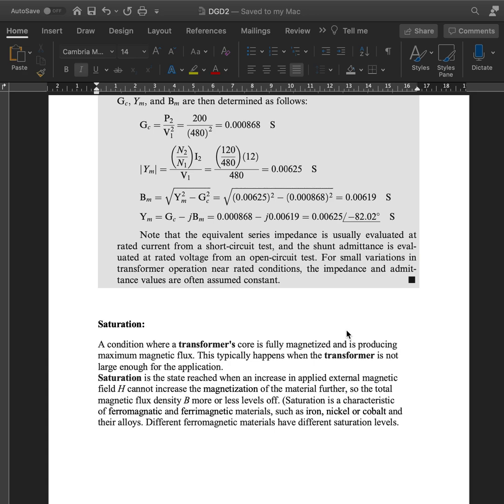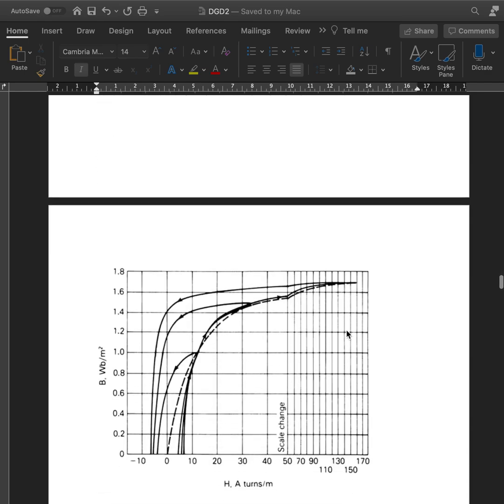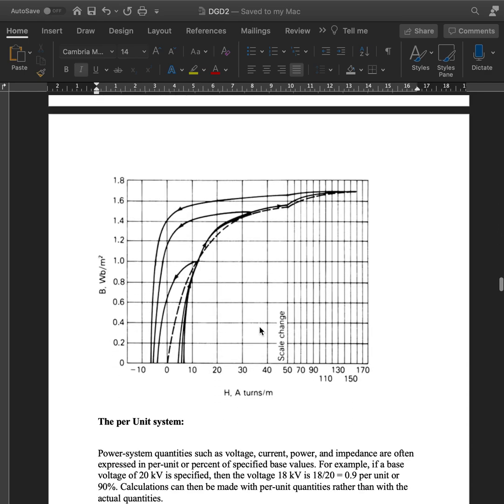Generally it's a characteristic of ferromagnetic and ferrimagnetic materials, which are generally used as the core for the transformer. There's a graph below we can use to see how the number of turns and the magnetic flux are affected.